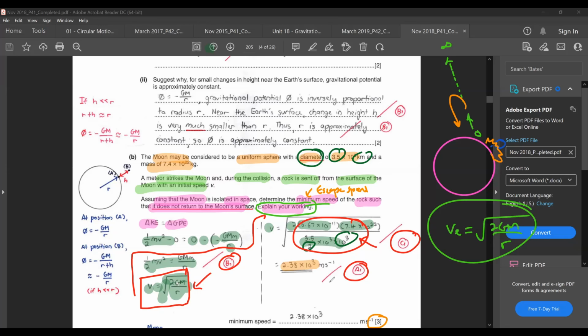Your A1 mark is you having the correct answer. So in your case here, even if you didn't derive it and you just start off with the equation, you will still get your full marks. But for me, most of the time, if I see that the marks allocated is quite a lot, and they have that little statement explain your working, I tend to go through the derivation from the start, just in case.